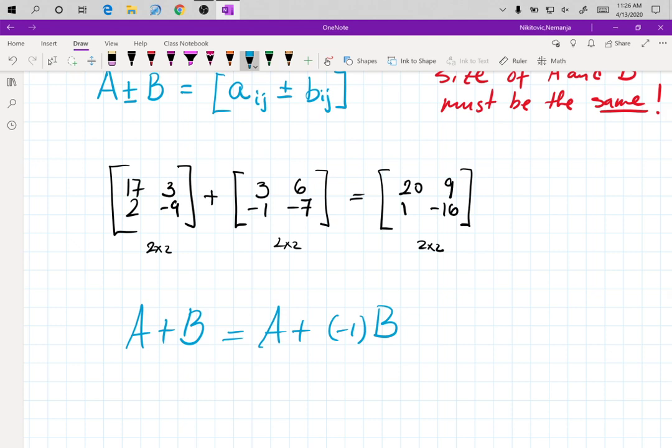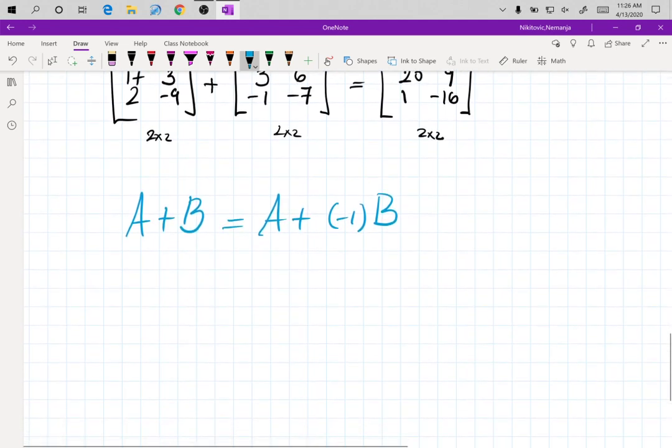But there is your rule on what it means to subtract things. You are adding the additive inverse.